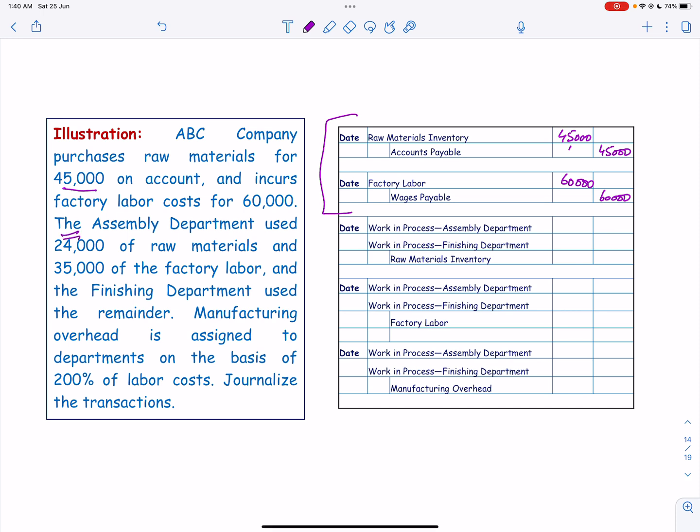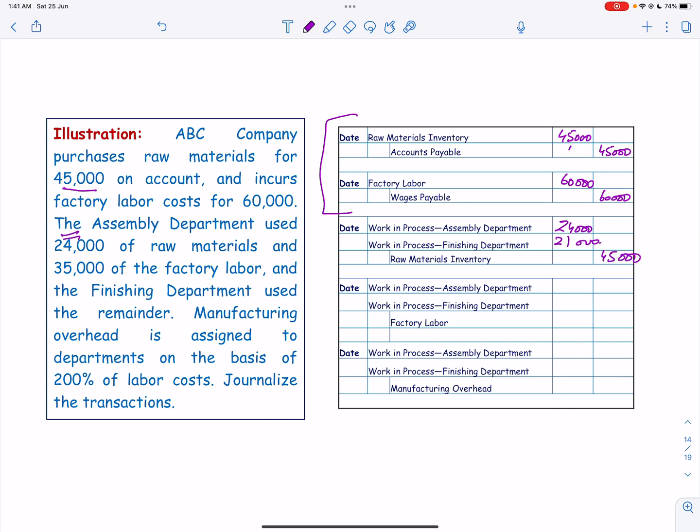Next, the assembly department uses 24,000 of raw material and 35,000 of the factory labor. So work in process assembly department is debited by 24,000 and work in process finishing department is debited by 21,000. And the raw material inventory is credited by 45,000.